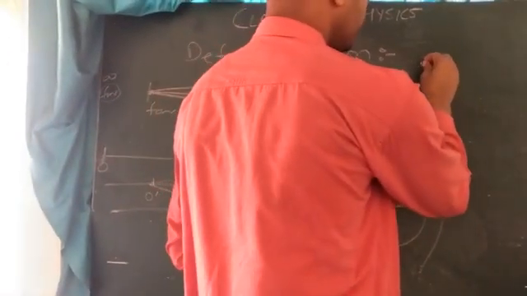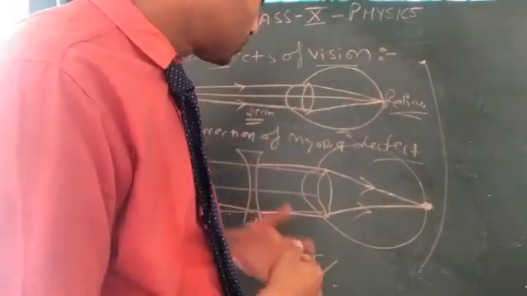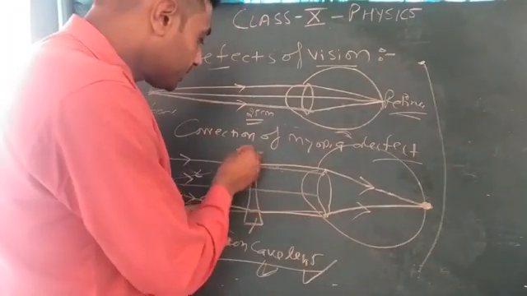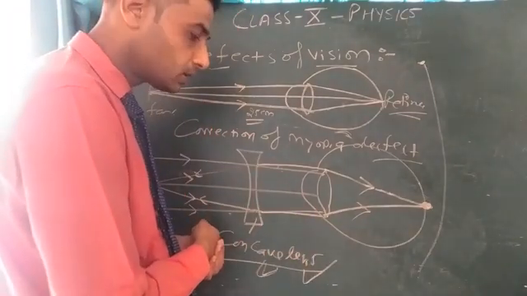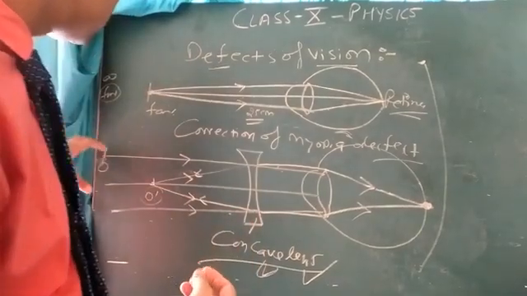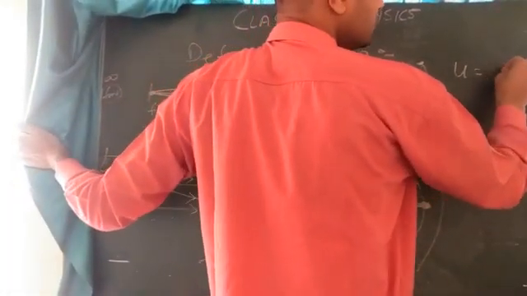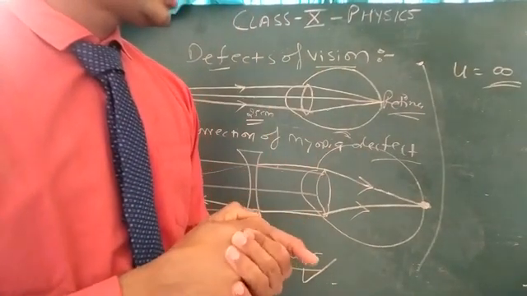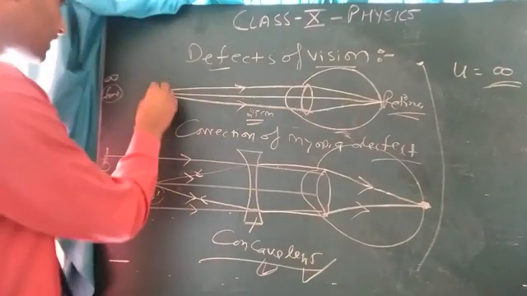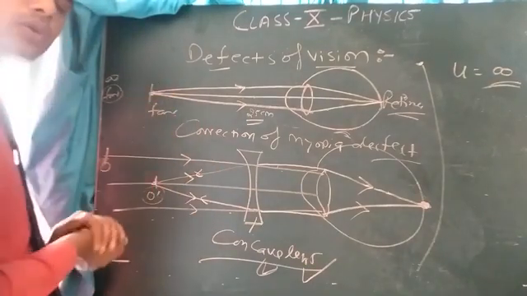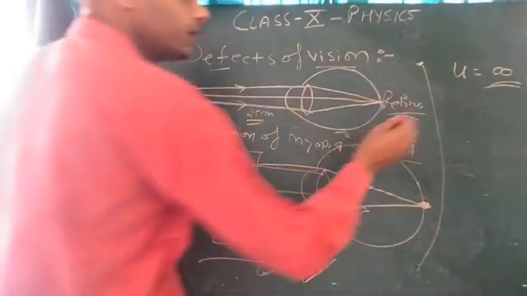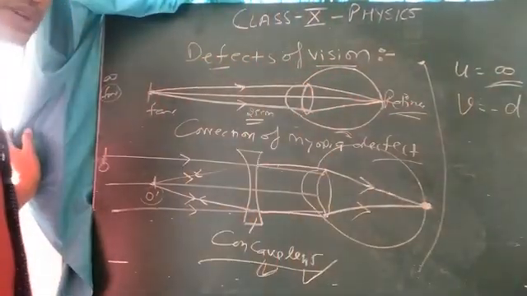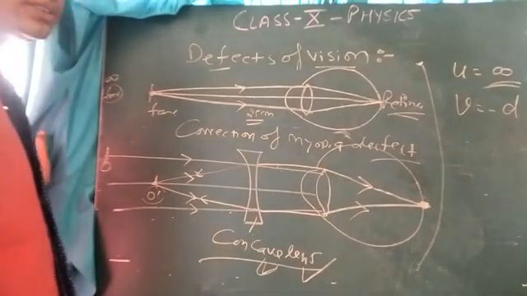As you know, to correct the myopia defect, a person wears a concave lens, the object is situated at infinity. It means U is equal to infinity, and D is the far point for the myopic eye. It means V is equal to minus D.